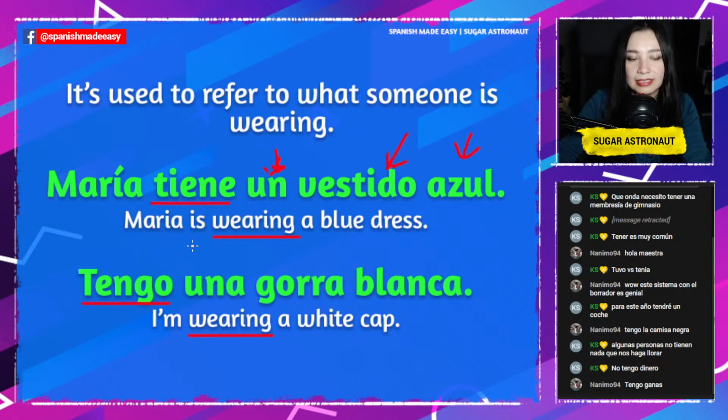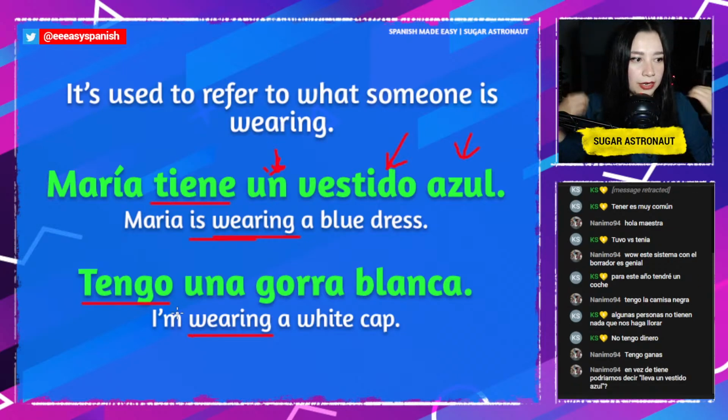Tener is similar to the verb to wear, or to the phrase is wearing, depending on the conjugation, of course, of tener. It's similar to the phrase to be wearing, or just the verb to wear in English, okay? When you have something on.